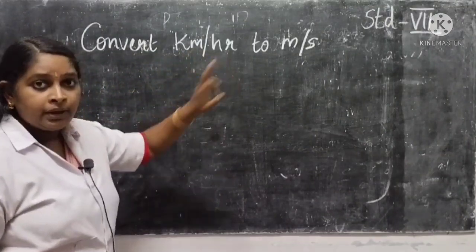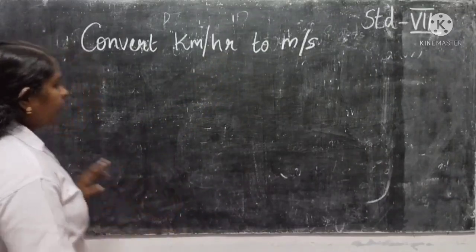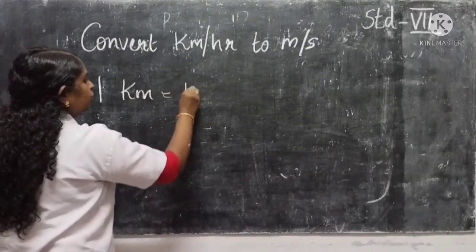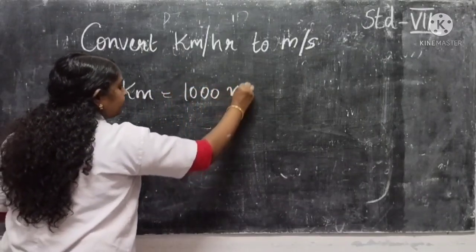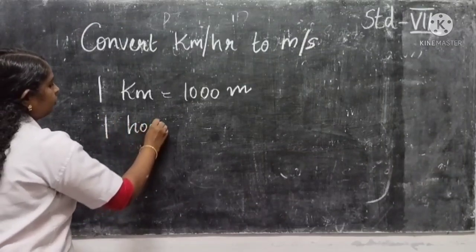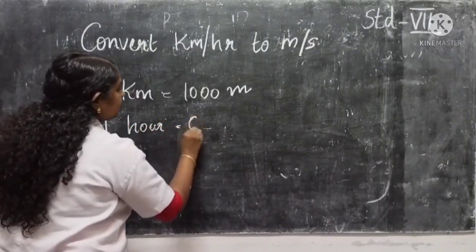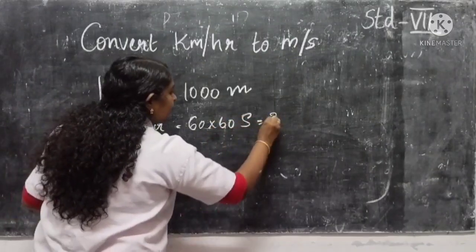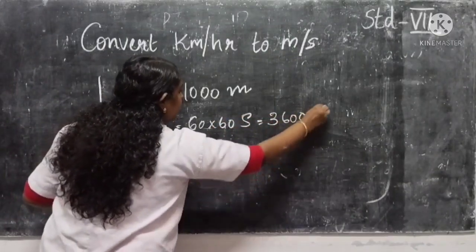Next is an important topic, that is convert kilometer per hour to meter per second. We know that 1 kilometer is equal to 1000 meter. And 1 hour is equal to how many seconds? 60 into 60 seconds, that is 3600 seconds.